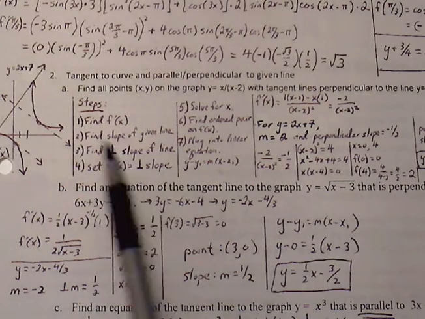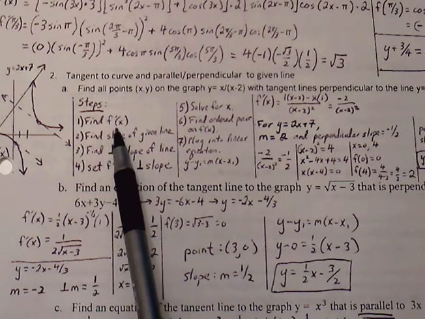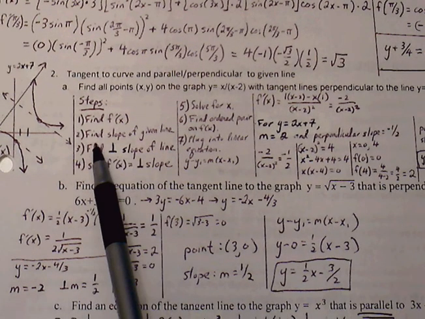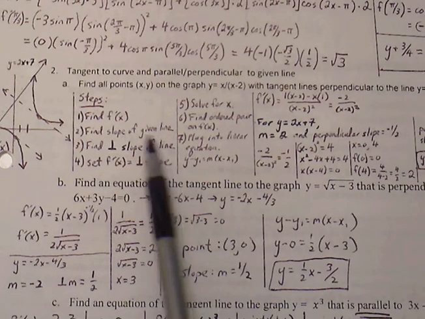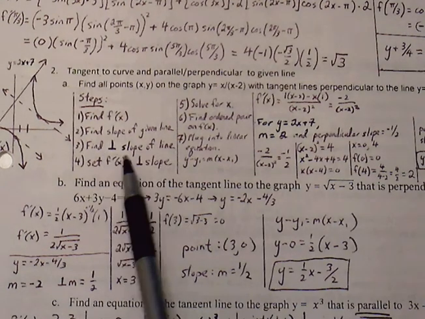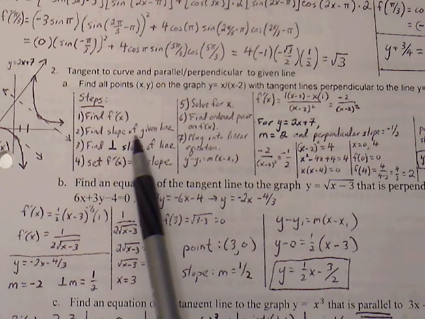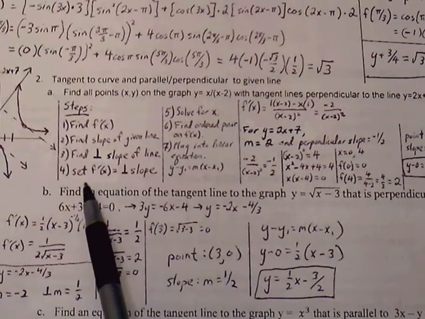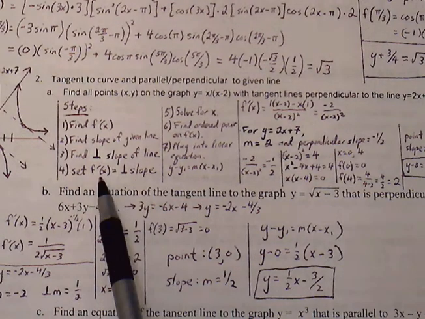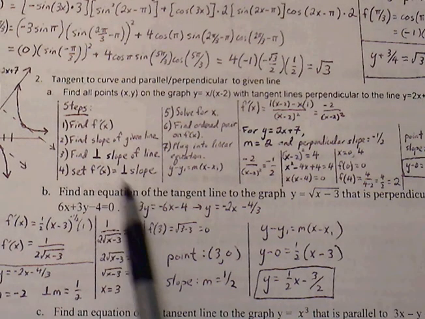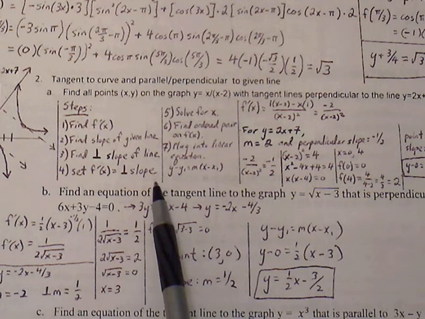Okay, so here are the steps. We're going to find the derivative. We're then going to find the slope of the given line. From there, we can find the perpendicular slope by just taking the negative reciprocal of our slope. Next, we set the derivative function equal to the slope that we're after, this perpendicular slope.